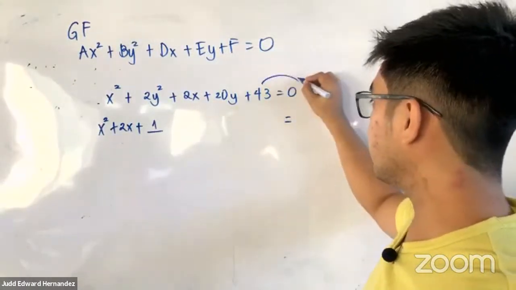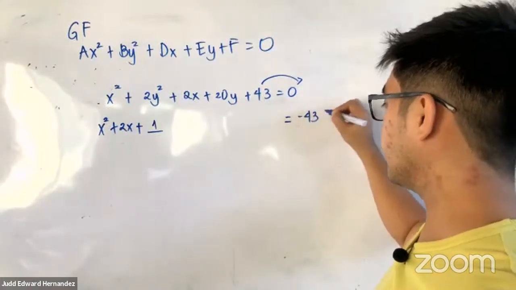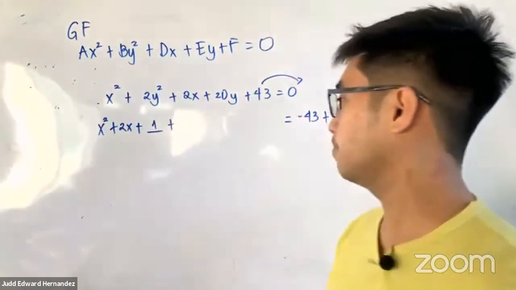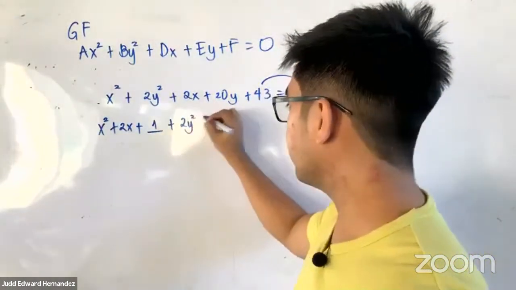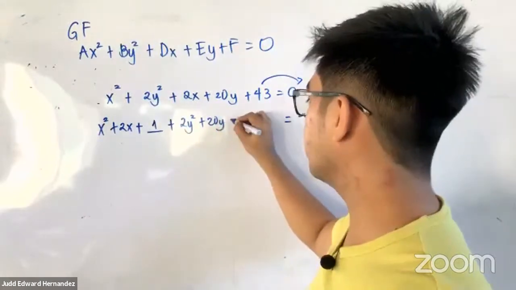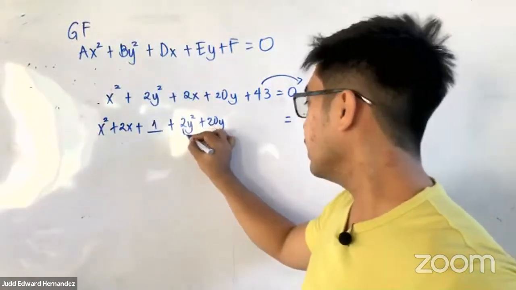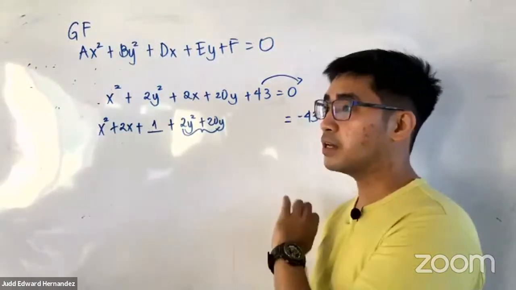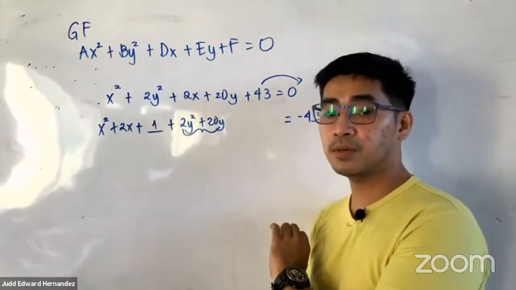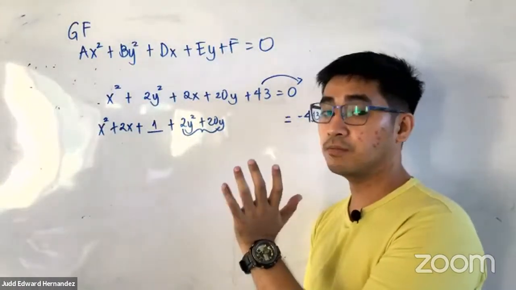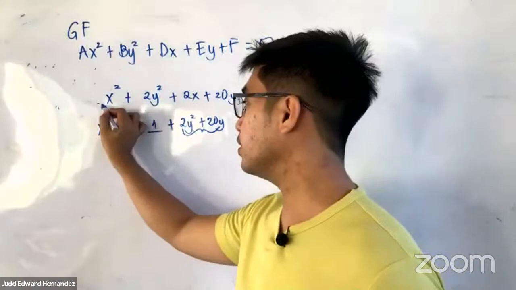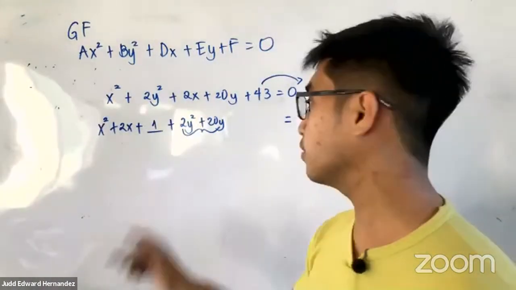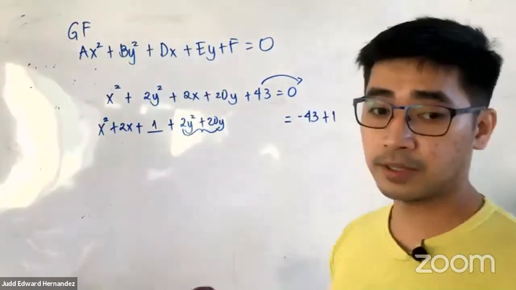Therefore, we move positive 43. This becomes negative 43, plus 1. Plus 2y squared plus 20y.